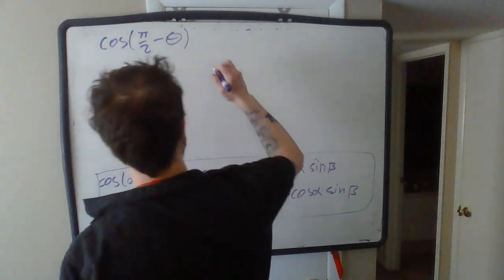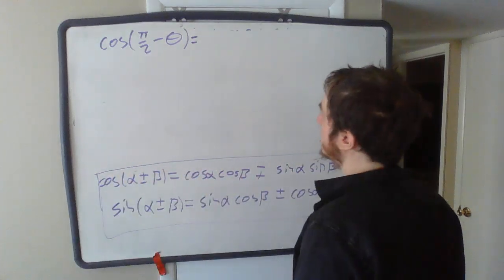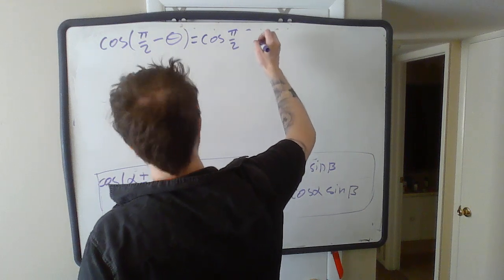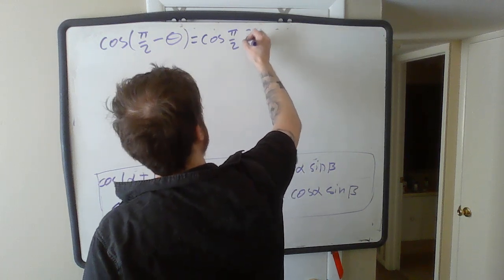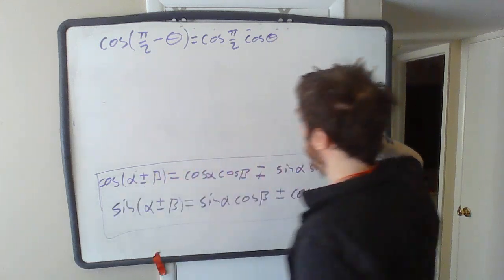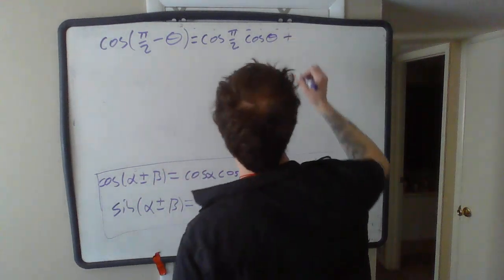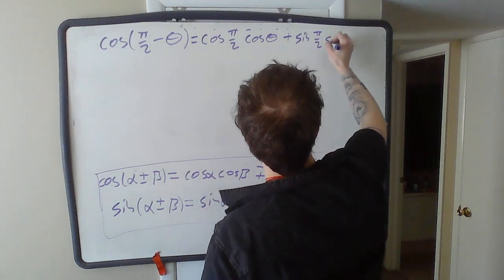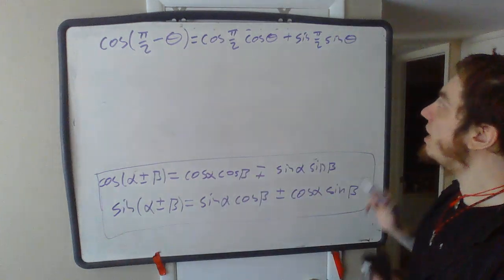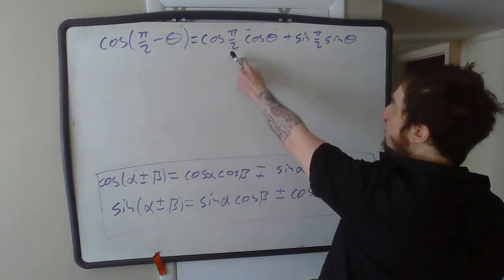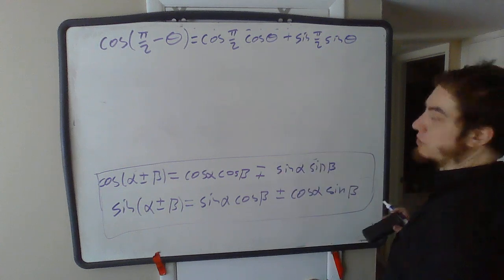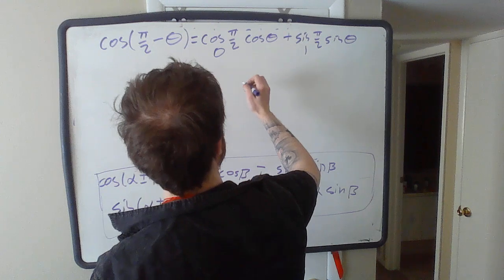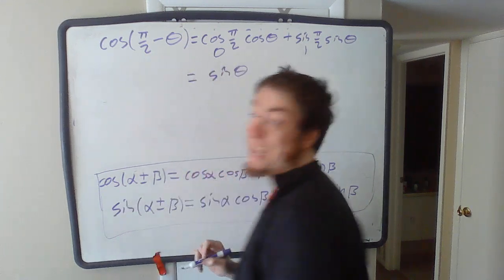Well, by what we've written down here, this would be equal to the cosine of pi over 2 times the cosine of theta, and then I would get plus sine pi over 2 sine theta. But the cosine of pi over 2 is 0, and the sine of pi over 2 is 1. That means that this comes out to be the sine of theta.